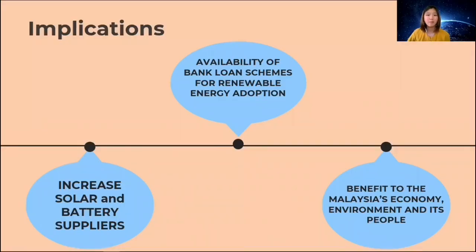With the outcome of the sizing algorithm, suppliers and adopters would become more aware of the financial benefits of solar panels and batteries. This would lead to an increase in the adoption rate of solar technology in Malaysia, incentivizing banks to increase the availability of bank loan schemes for renewable energy adoption. All this will eventually benefit Malaysia's economy, environment, and its people in the long term.